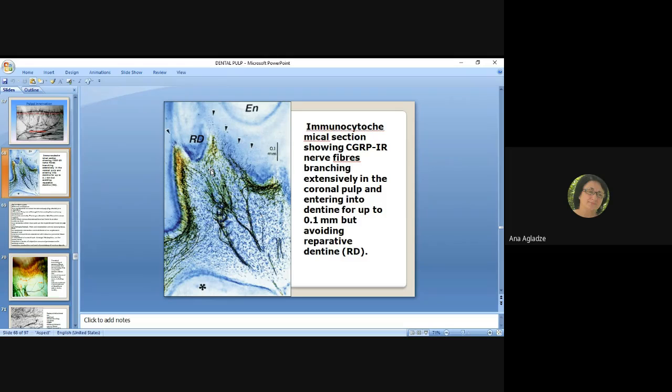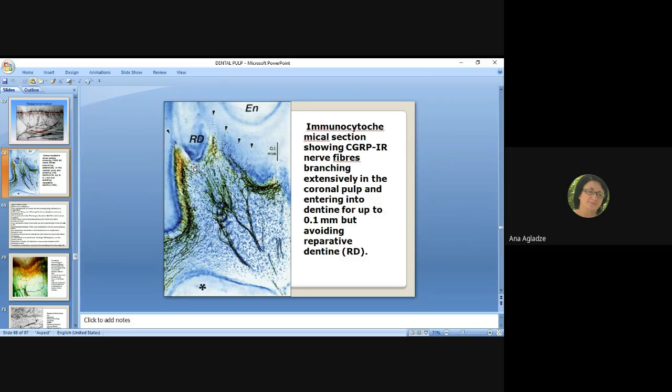The role of the dentinal tubules in conduction: you know that dentinal tubules contain a fluid which is called the tubular lymph, and the ion composition of this lymph, potassium ion and sodium ion composition, can trigger and generate an electrical impulse.